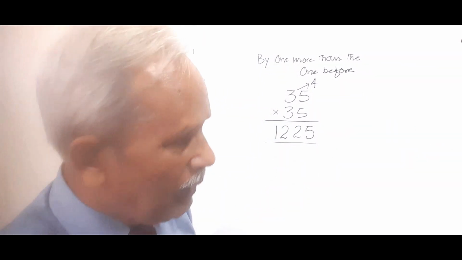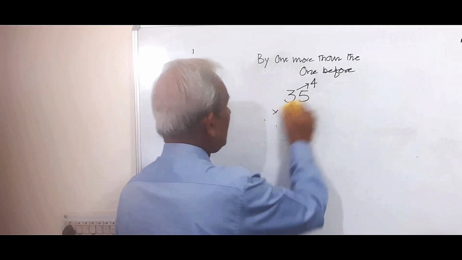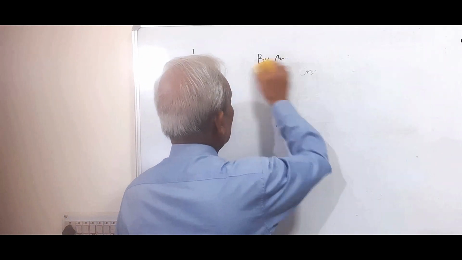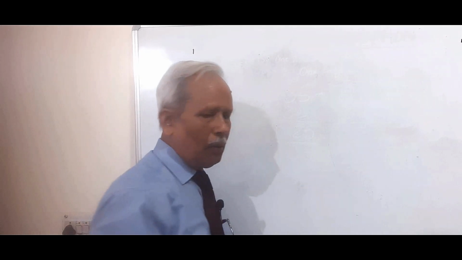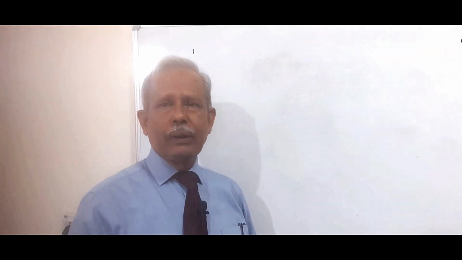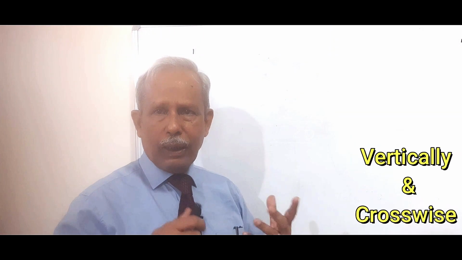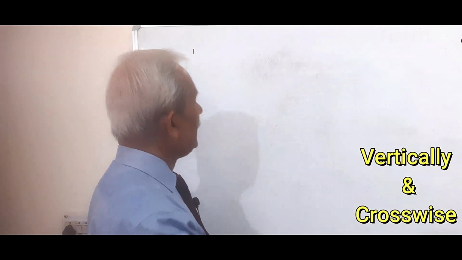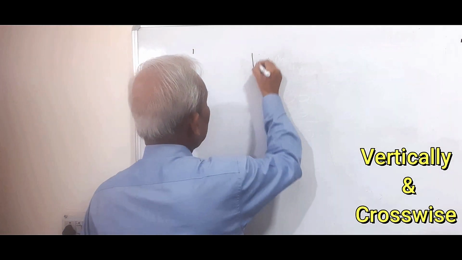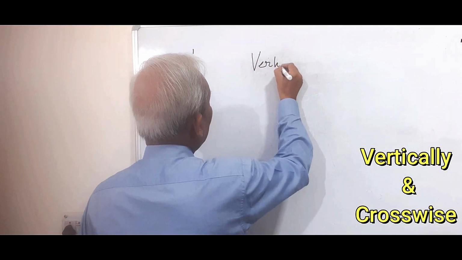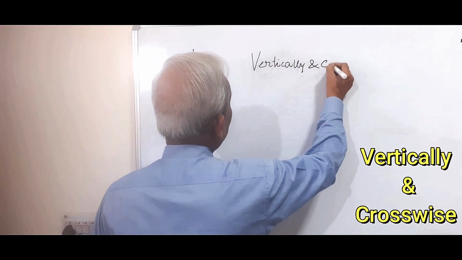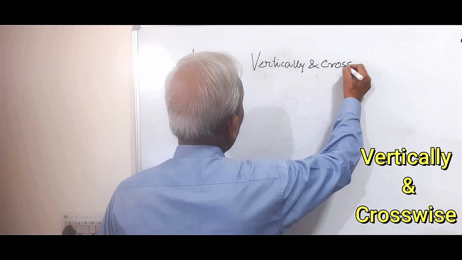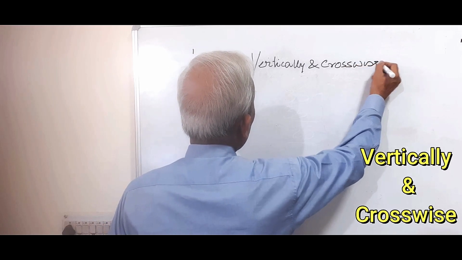Right. Now let me see another sutra, just for understanding how we're going to use the sutras in practical problems. The sutra is called in Sanskrit urdhava tirgabhyam, which in English we call vertically and crosswise.